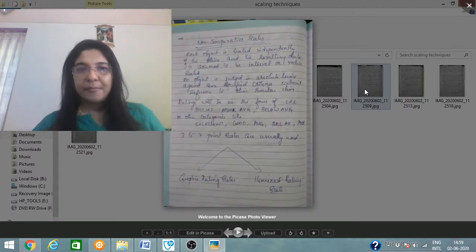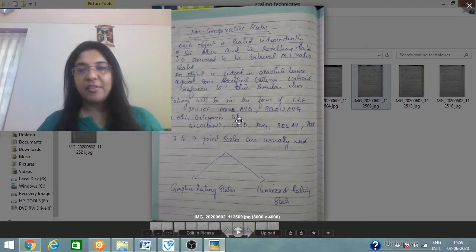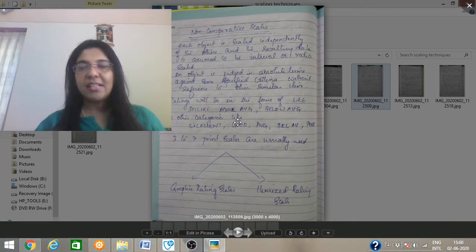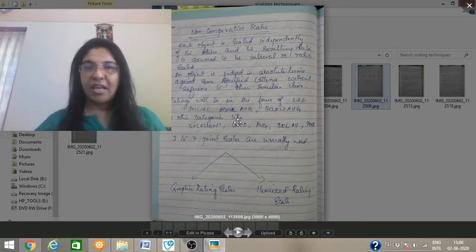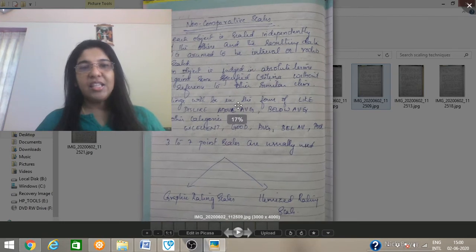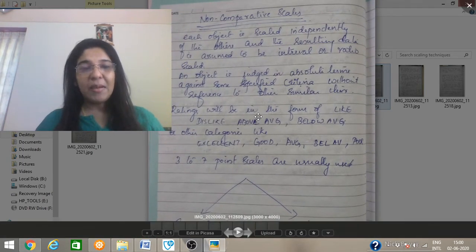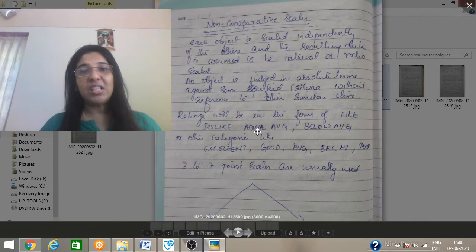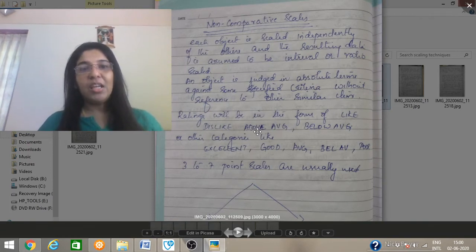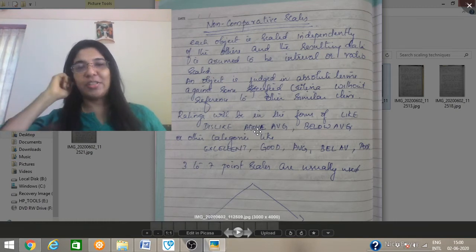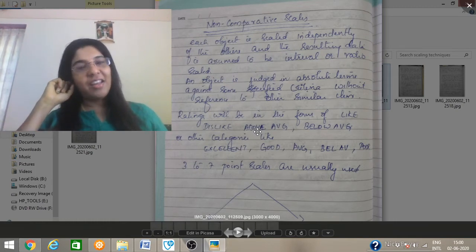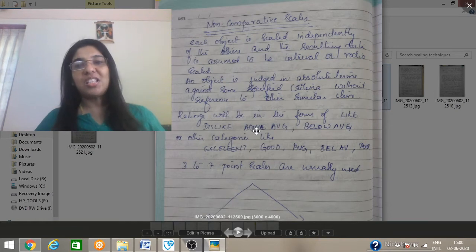The next is about non-comparative scales. Till now we have seen comparative scales: paired comparison, rank order comparison, Q sort. Now we have the non-comparative type of scaling. That is, each object is scaled independently of the others, and the resulting data is assumed to be in an interval or a ratio scale. But in our research area, we will always assume it to be an interval scale.